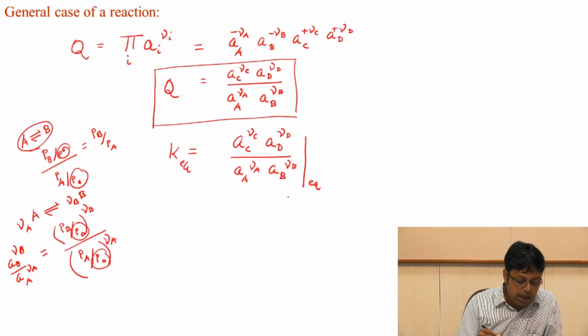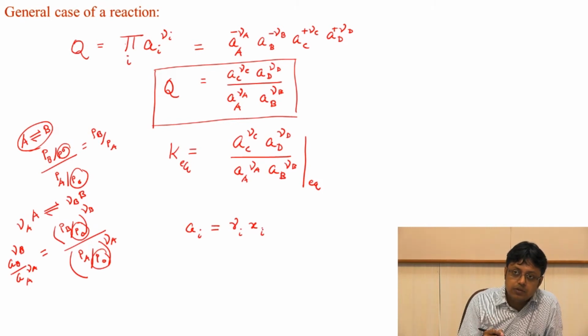Now the question is, how will I write the activities? We already discussed the activity can be expressed as the activity coefficient times the mole fraction, but not always actually.